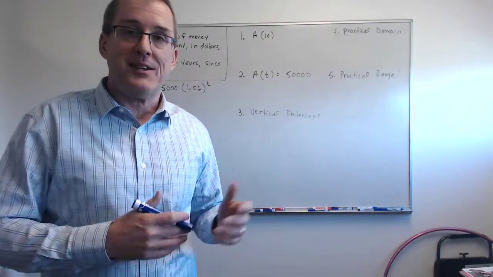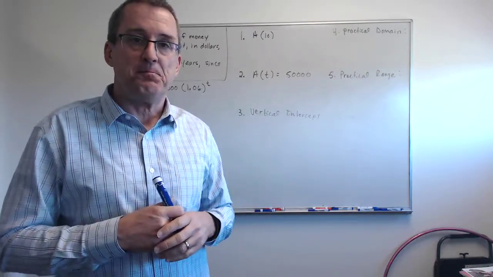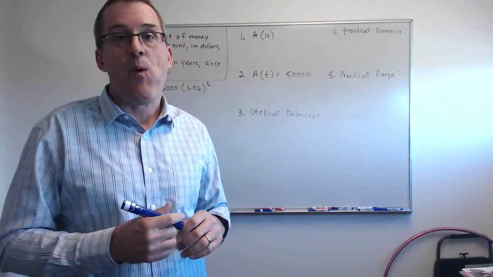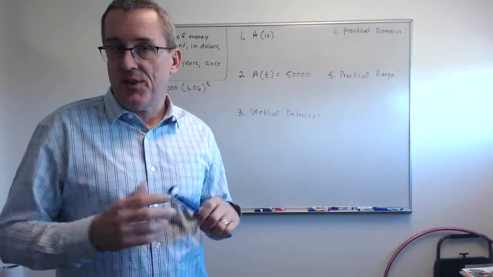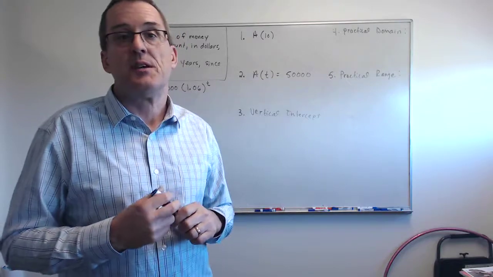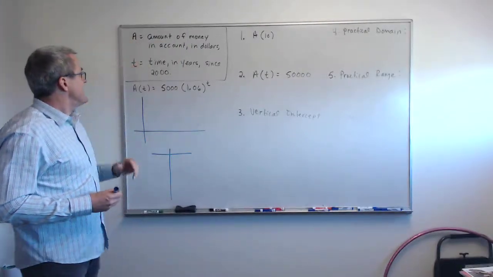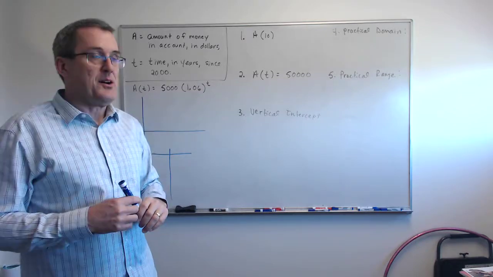Let's say we went back to 2000, have this $5,000, we invest it, and we're going to watch it grow. By the way, this investment, just for the sake of this example, is going to grow at 6% interest per year. So A is the amount of money, T is the amount of time in years since 2000.